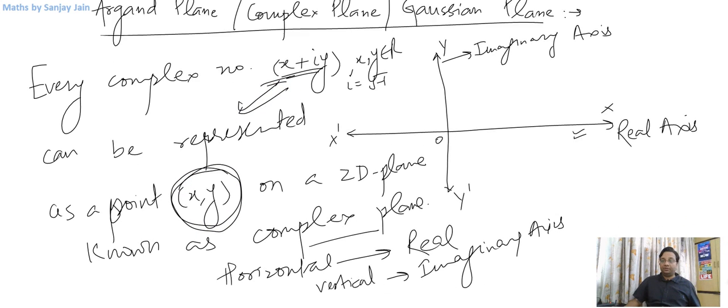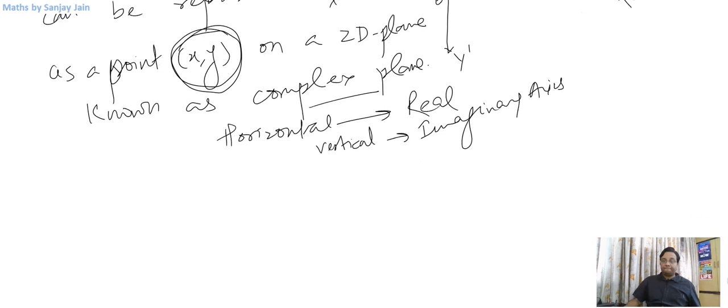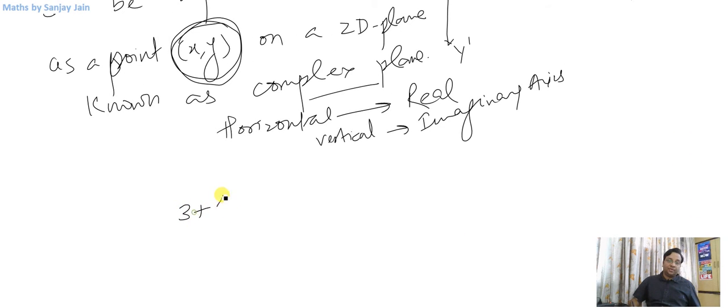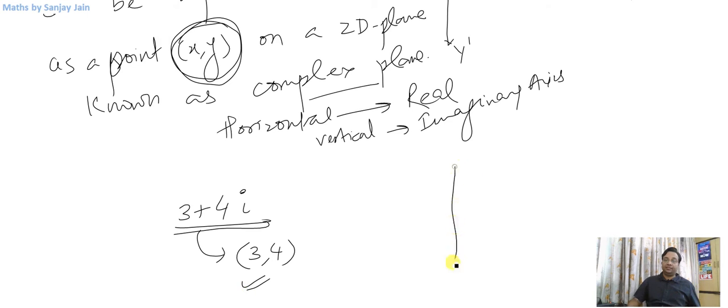For example, if I have got 3 plus 4 iota, then the ordered pair I'll have is 3 comma 4. So corresponding to these coordinates, let us say this is x axis, this is y axis. Corresponding to these coordinates, I'll have a point here, right?